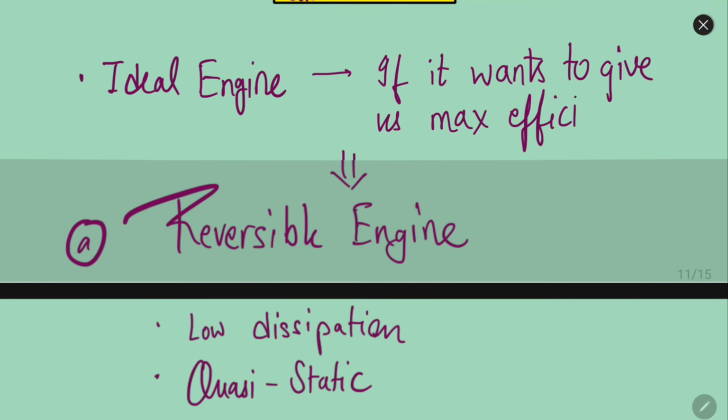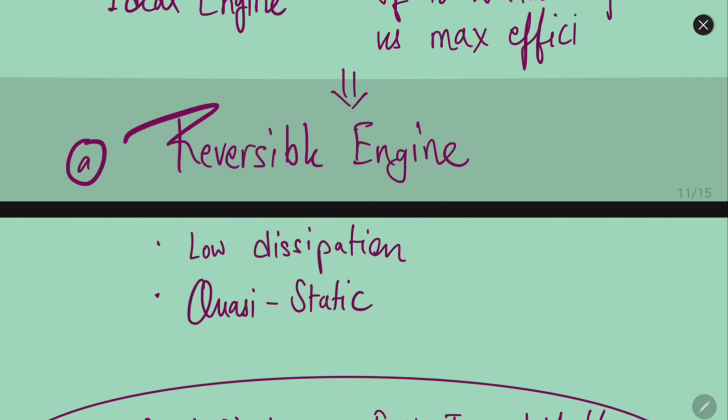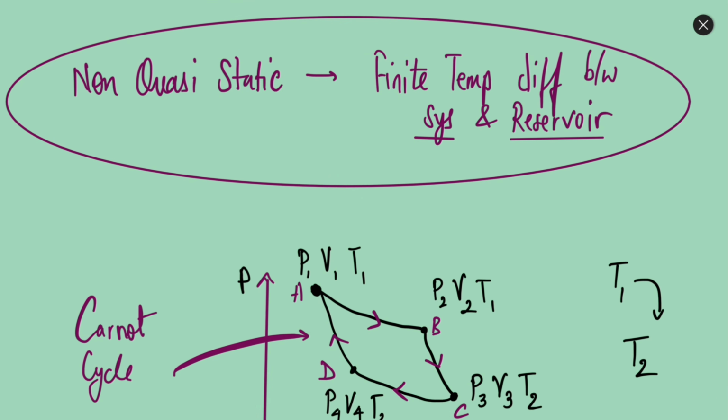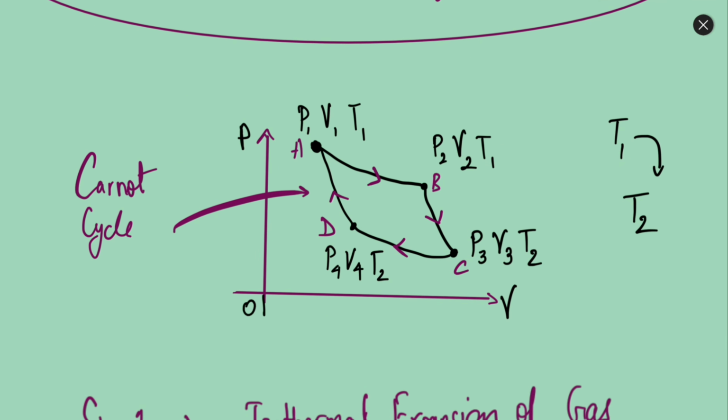First of all, this will be a reversible engine, that is, it will come back to its original position, and it will follow a quasi-static process, because in a non-quasi-static process a reversible process is not possible.